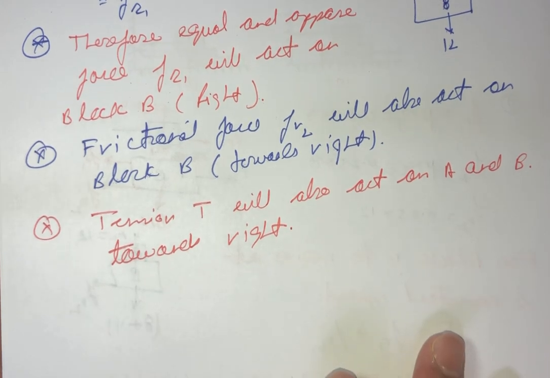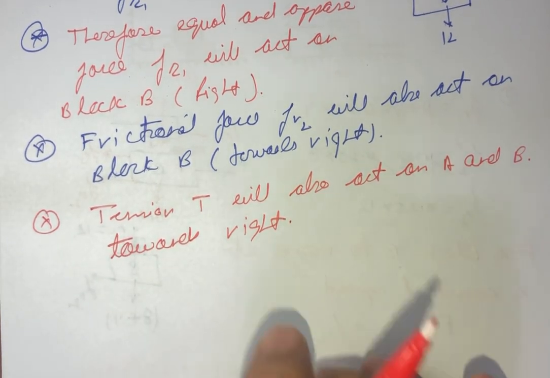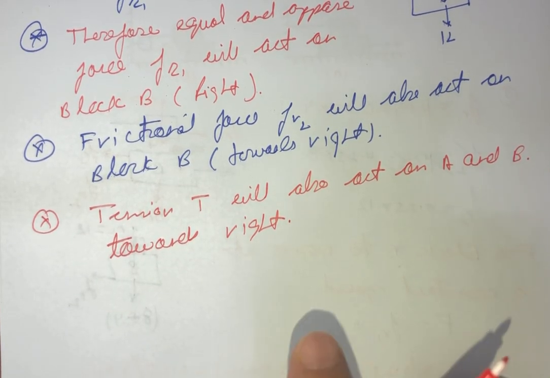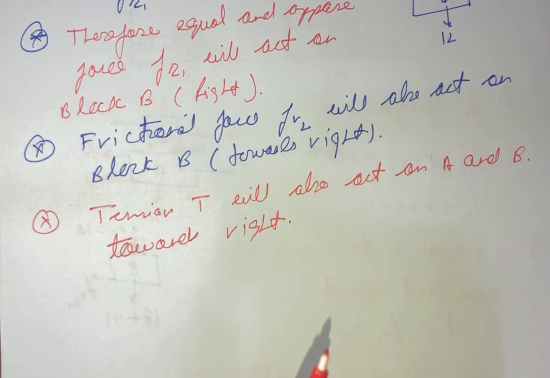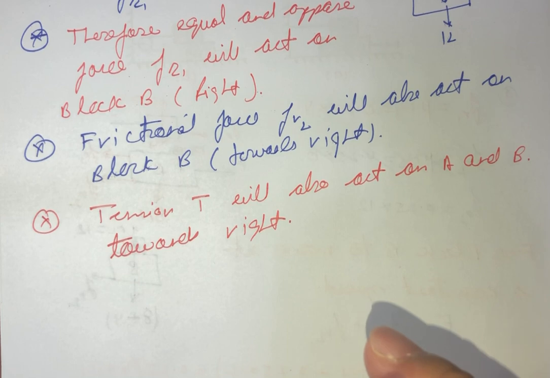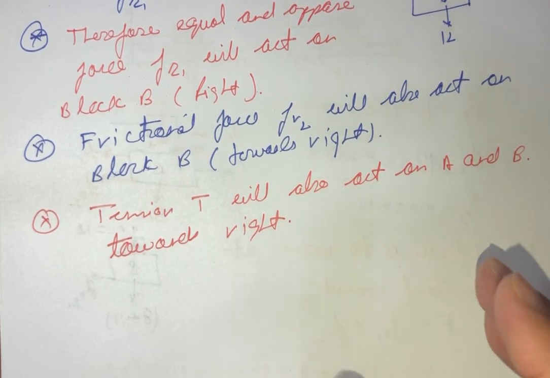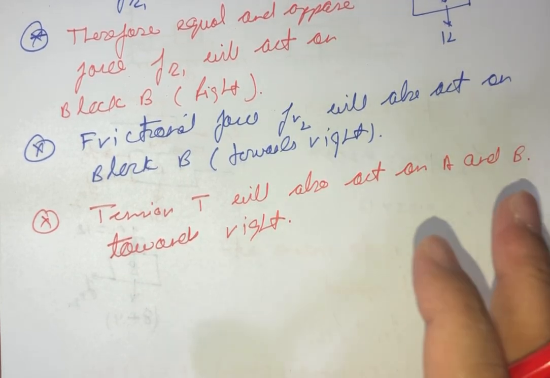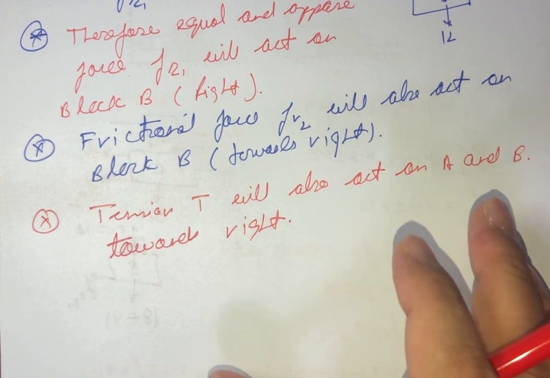Now here the important thing to remember is that the tension will only come into the picture after the frictional force. It means as the block starts to move, then only tension will come into the picture, otherwise tension will not come into the picture.